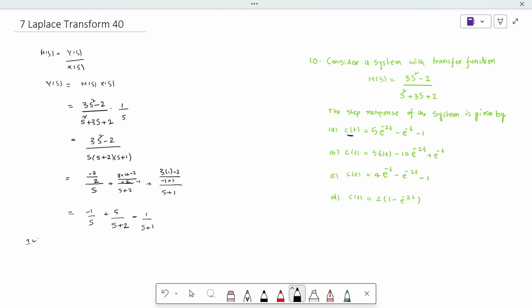Apply the inverse Laplace transform. So y(t) equals −u(t) + 5e^(−2t) u(t) − e^(−t) u(t). So this is the answer, option A.